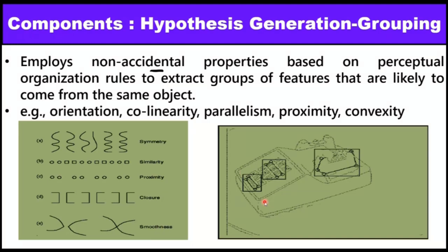We can work on orientation, that is direction, linearity, collinearity, parallelism, this line is parallel to this, proximity, this and this are close, convexity, that is how much shape. So various such parameters we can define so that our object recognition process will speed up. It will not be mere computation of all mathematical features. There are logical features also.